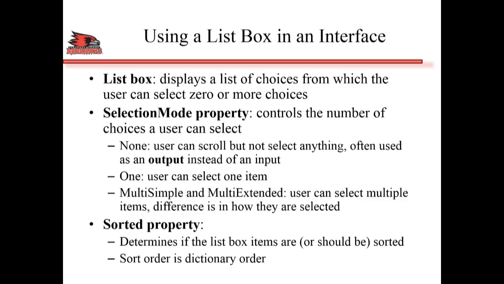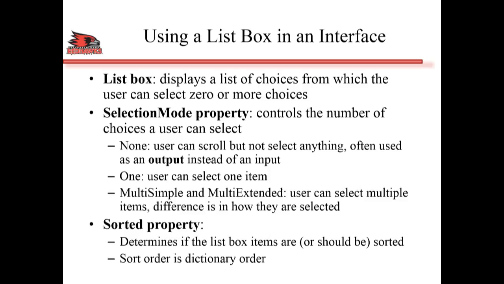And you can also have multiple choices being selected by the user. This is the multi-simple or the multi-extended property. In multi-simple, you just keep on clicking whichever choices you want to select one by one, and each choice gets added. If you want to deselect, you just click on that choice again.